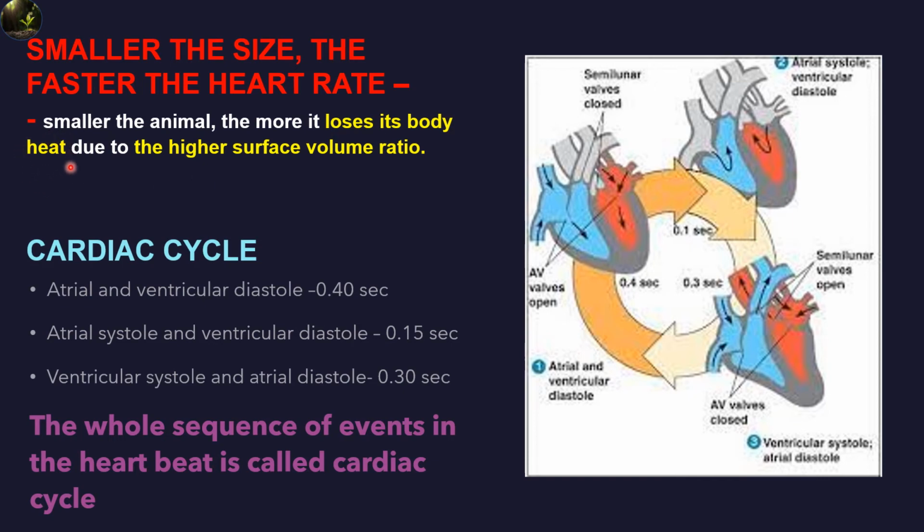When the animals are small, body heat is lost very fast from their body due to the higher surface to volume ratio. Due to the higher surface to volume ratio, smaller animals lose their body heat very fast. That's why, smaller the size, the faster the heart rate.